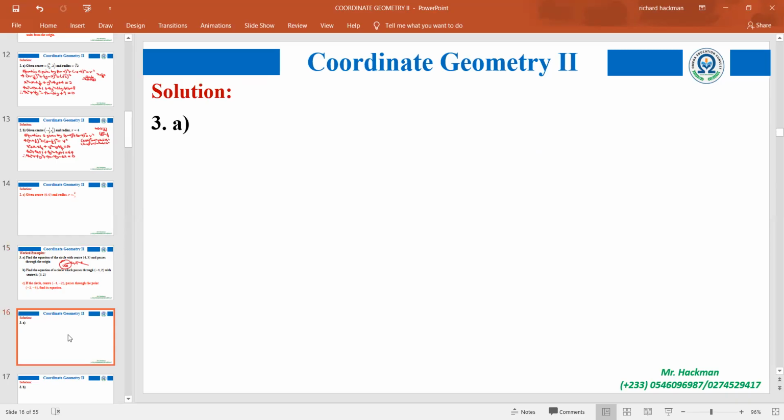Anytime the question on circles, coordinate geometry, doesn't give you directly the radius and the center, go and draw the picture, because marks will always be given for the diagram, because the diagram will be key in getting your concepts and the solution right.